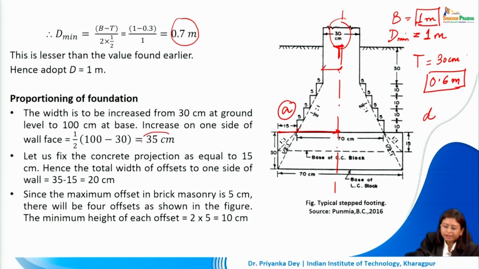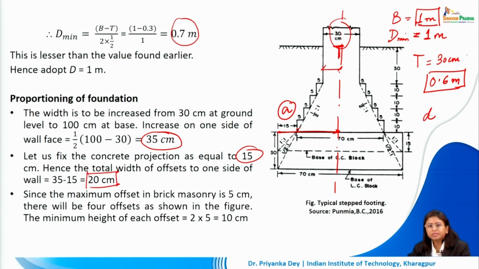That is the 35 we had to accommodate on each half of the footing, minus 15 which we've assumed as the projection of the concrete base from the base of the masonry offset, that is small a, and I'm going to have to accommodate 20 centimeters.